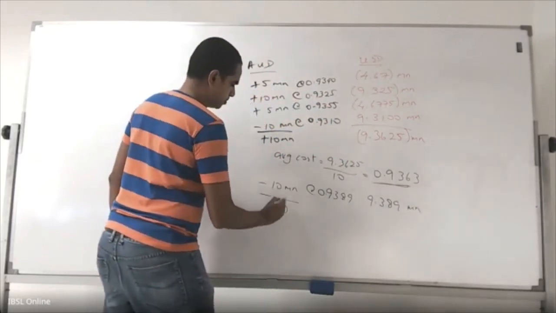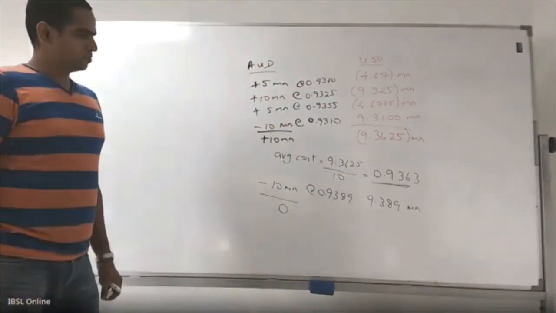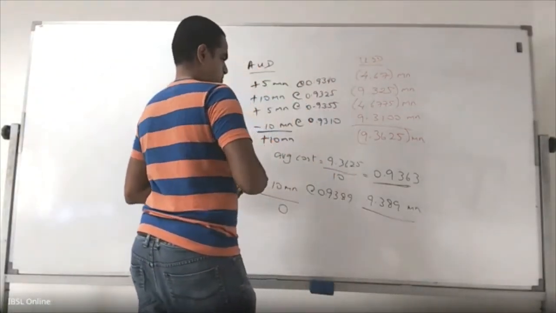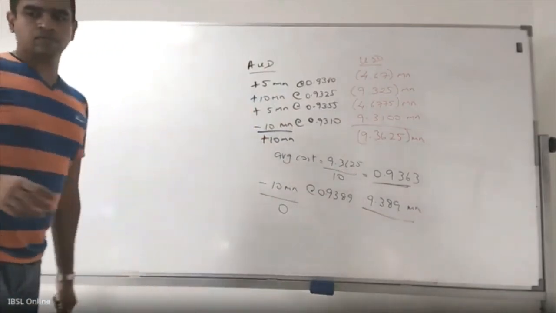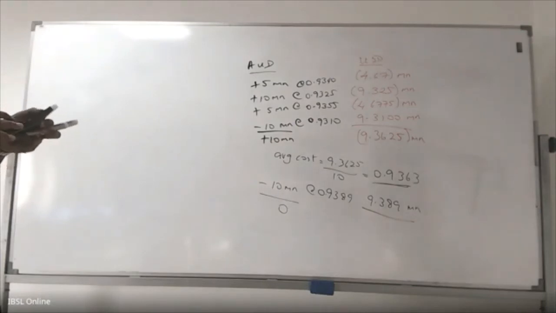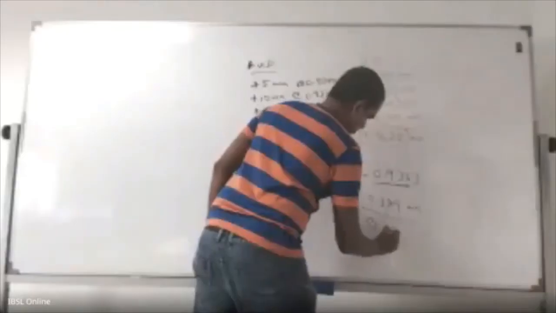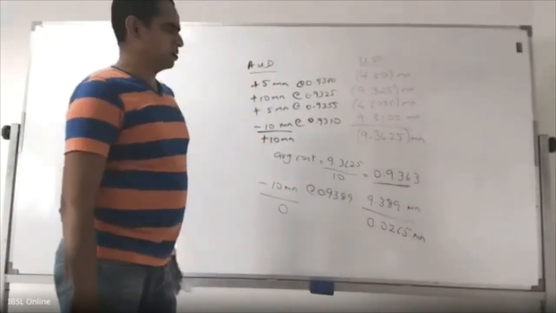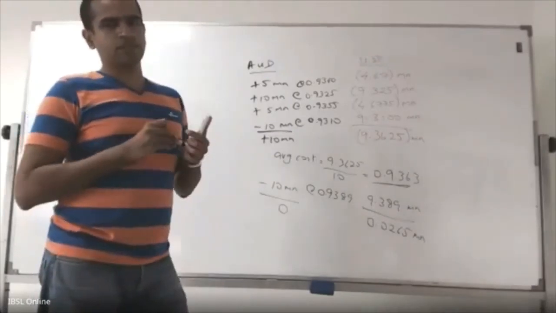So your Aussie dollar position is zero. So it's about $26,500 profit.